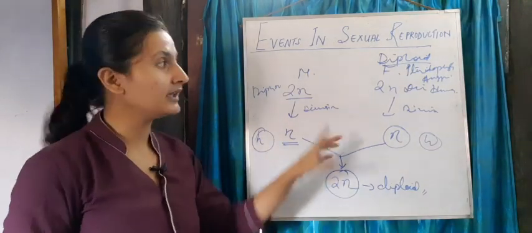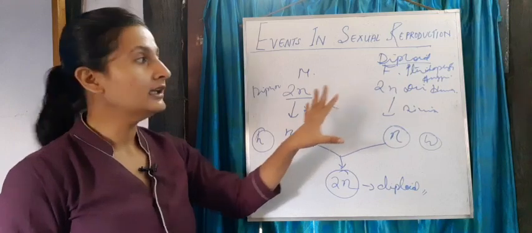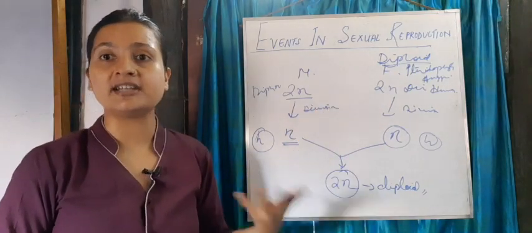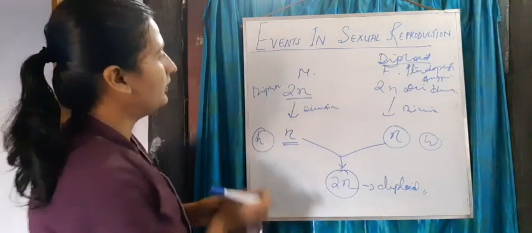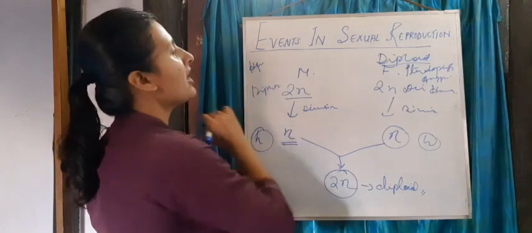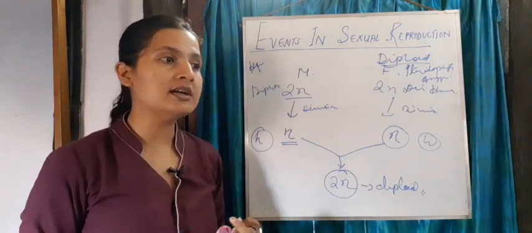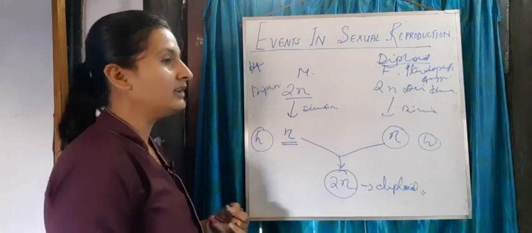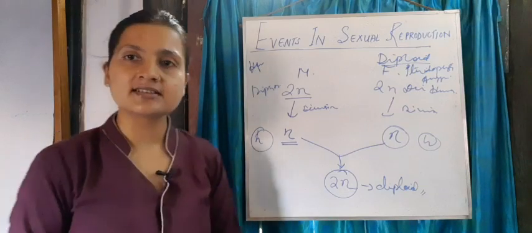Diploid gametes are found in angiosperms, pteridophytes and human beings, in higher organisms which are more developed. And haploid is found in algae, in monera, in fungi, and in bryophytes. So I hope that this is clear to you.